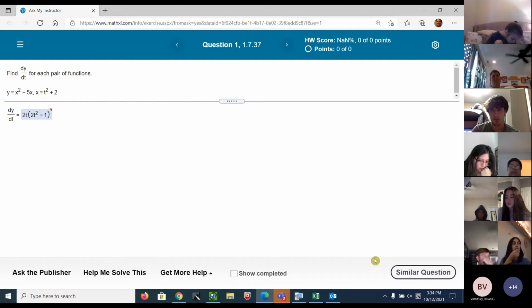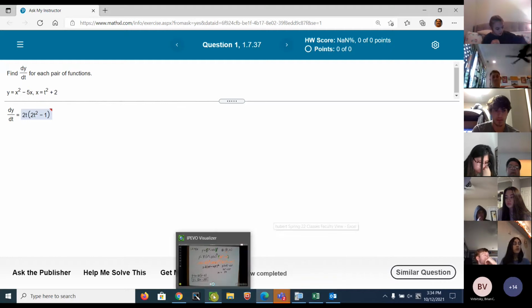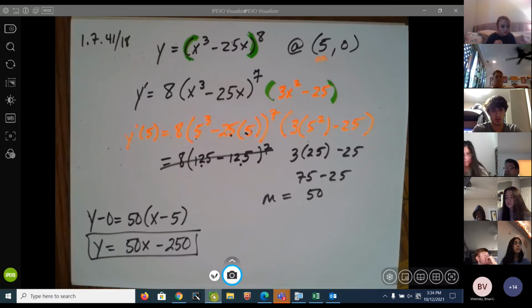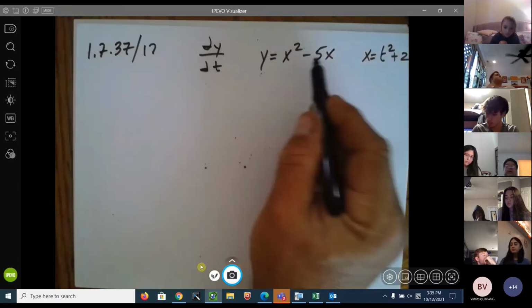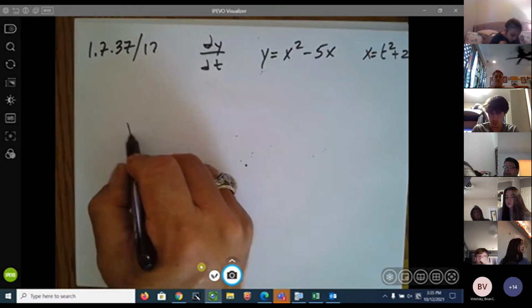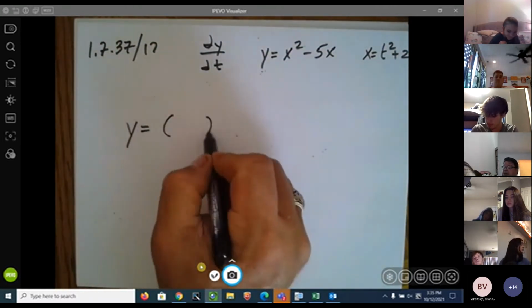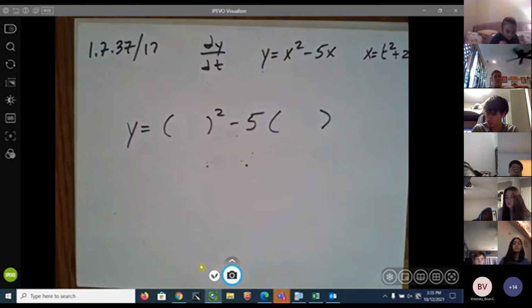So we got to take that t squared plus 2 and we've got to plug it in because we need two variables. We need y and t. We don't need x. So I've got to rewrite x, parentheses squared minus 5 times parentheses. And I need to plug in t squared plus 2.